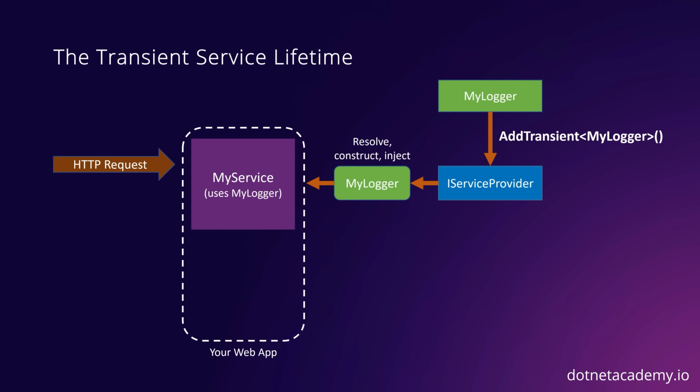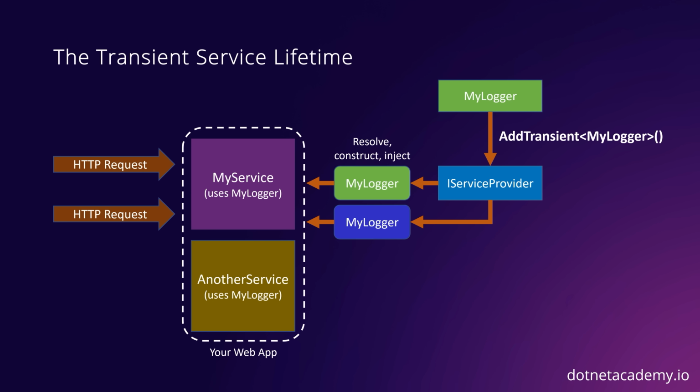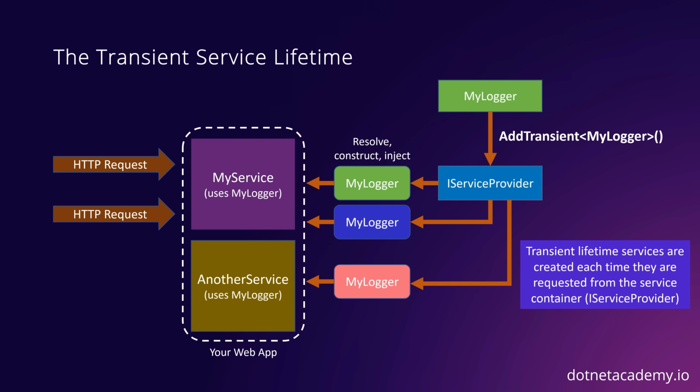However, when a new HTTP request arrives, IServiceProvider will construct and inject a brand new instance of myLogger, which has nothing to do with the first instance. Furthermore, if there's any other service that participates in any of these HTTP requests and also has a dependency on myLogger, it will also receive a brand new instance of it. So, transient lifetime services are created each time they are requested from IServiceProvider.